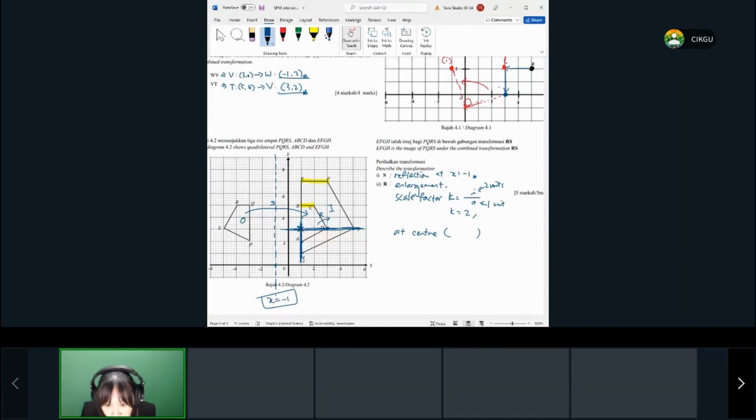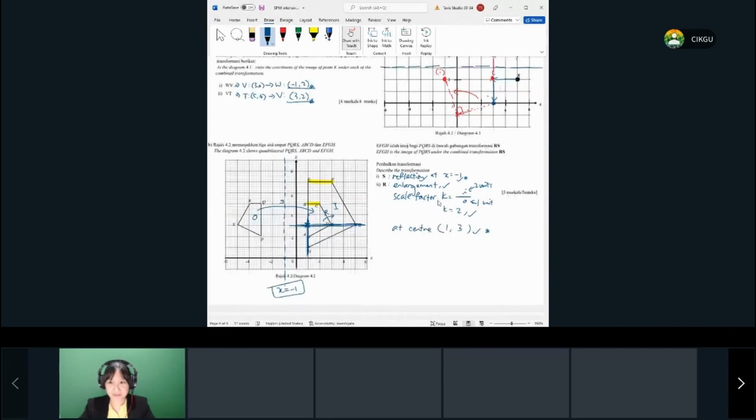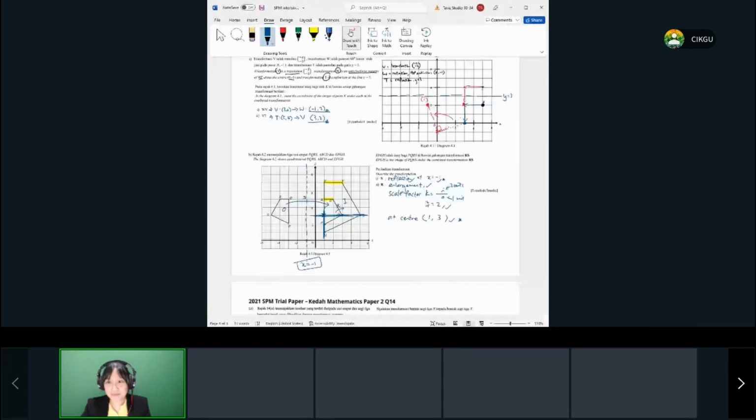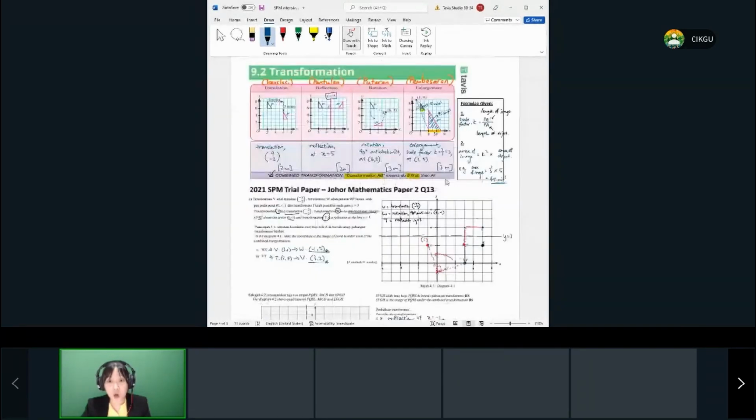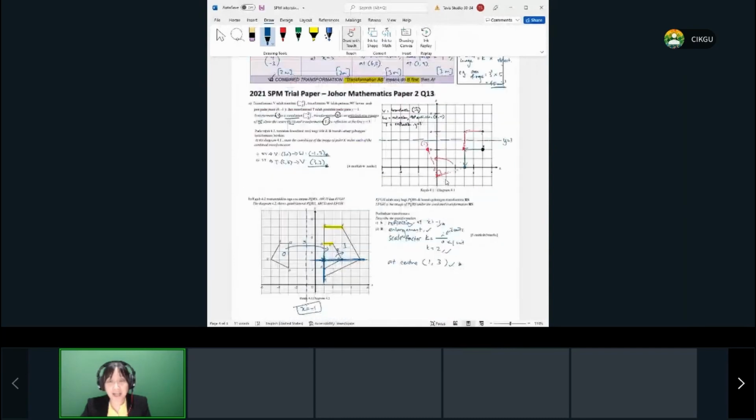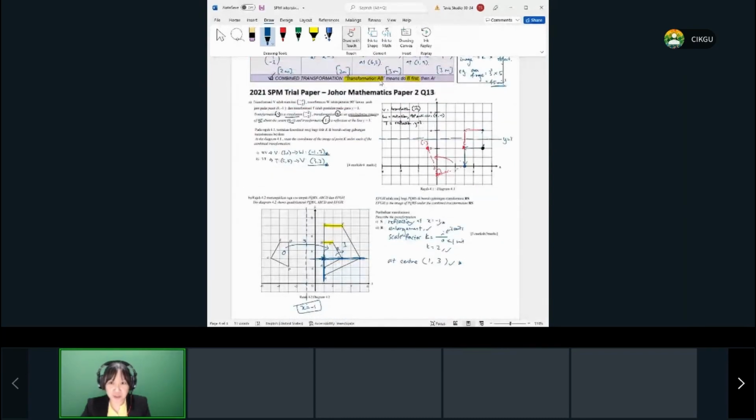The coordinate is (1, 3). Done. So 1 mark, 2 marks, 3 marks, and this one 2 marks, total 5 marks. This question is still quite straightforward. If you know how to do the combined transformation, you do the second letter first and then the first letter, and you are good to go.